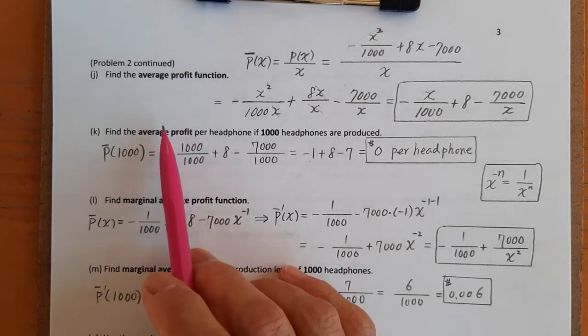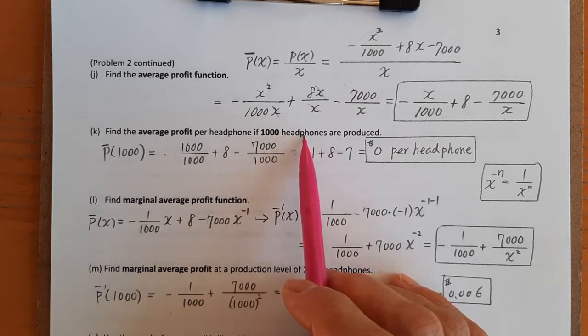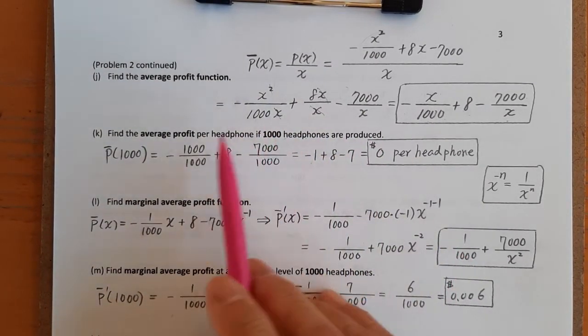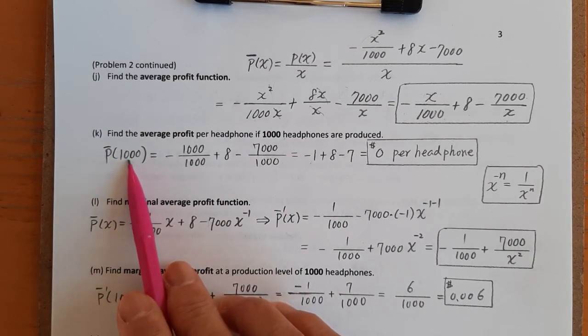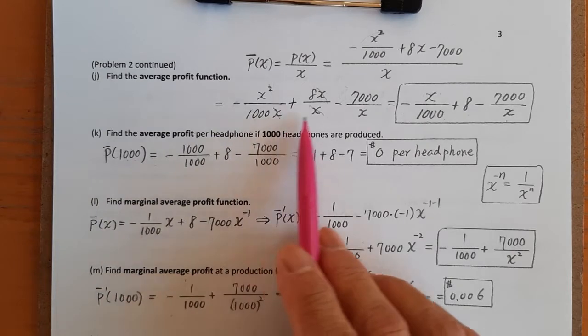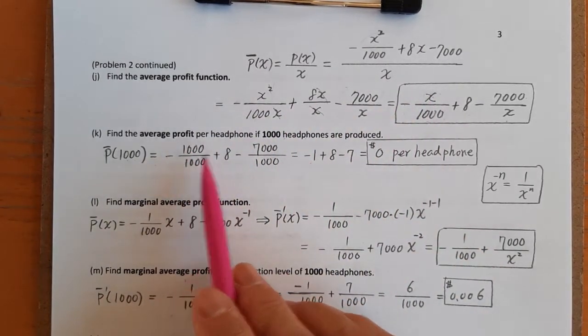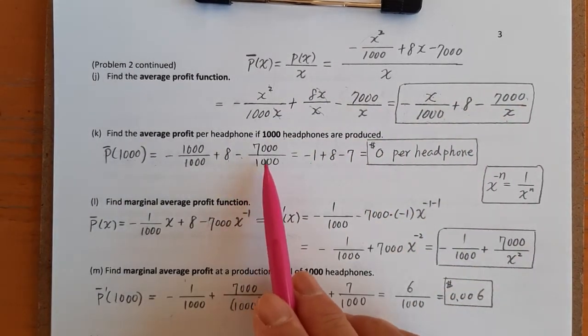Okay, the average profit per head phone if 1,000 head phones are produced. So x equals 1,000. P bar of 1,000 equals, plug into this function, 1,000 over 1,000 plus 8 minus 7,000 over 1,000.